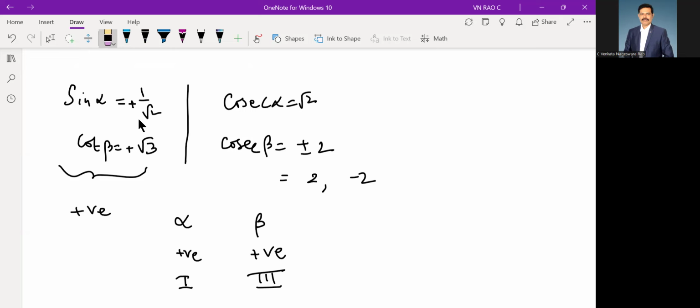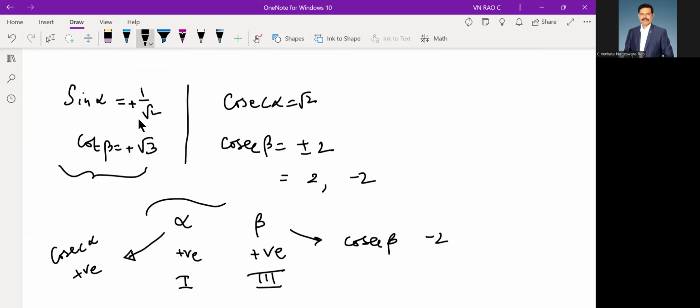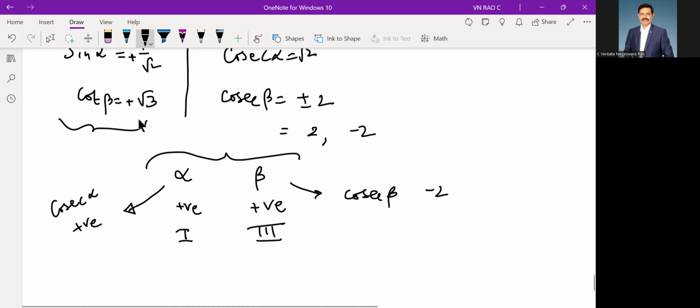So doing that, we should consider cosecant beta as minus 2, and cosecant alpha is positive. You have to mention or write all these things, then your justification will be very much valid.